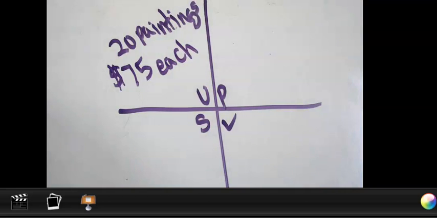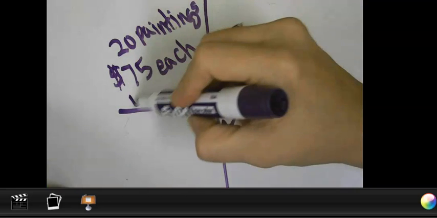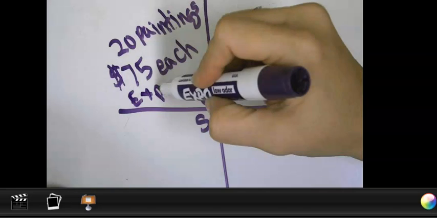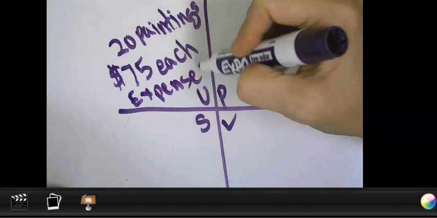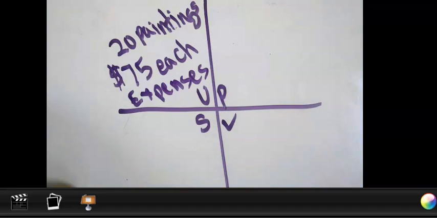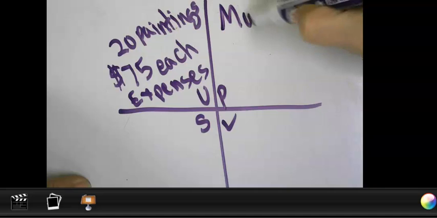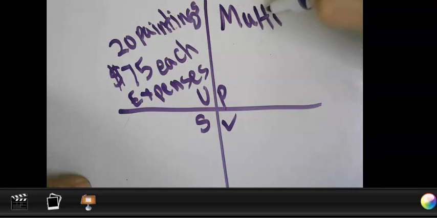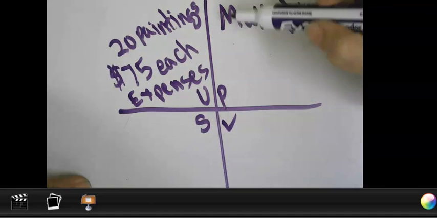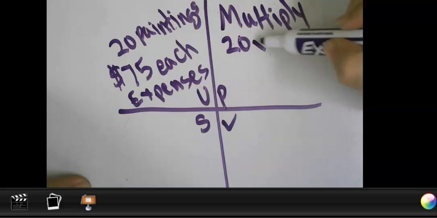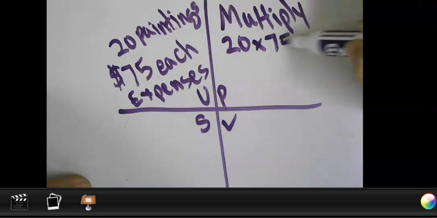All right, and we also know that she has expenses and that we're going to multiply the 20 paintings times $75. That's one thing we're going to do.